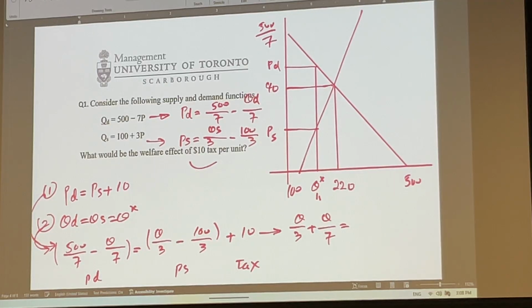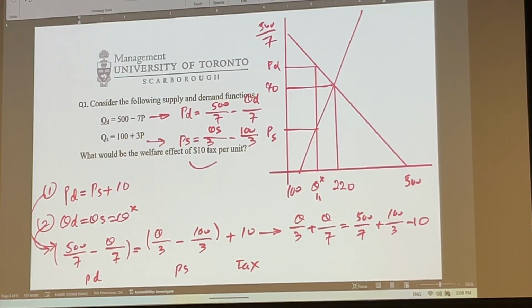I'm rearranging them, so I rearrange them and solve for Q. What do you get? What's the equilibrium quantity?